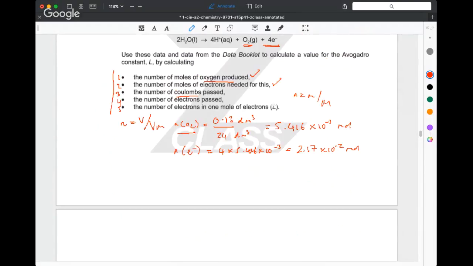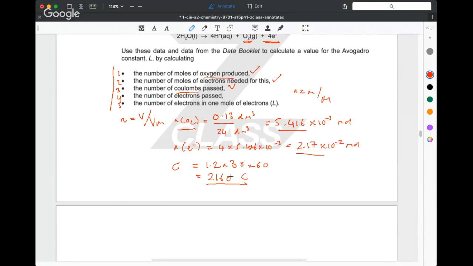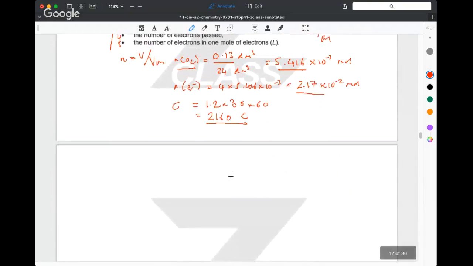So the number of coulombs is equal to 1.2 amps times the number of seconds. So, well, that was 30 minutes times 60 to give us the number of seconds. And that, if you multiply that up, that gives us 2,160 coulombs. So that's number 3 there. So we've got, that is the number of moles of oxygen, that's the number of moles of electrons, and that is the amount of charge. So 1.2 amps for 30 minutes times 60 seconds.